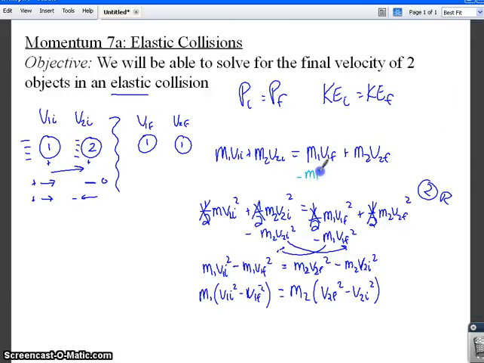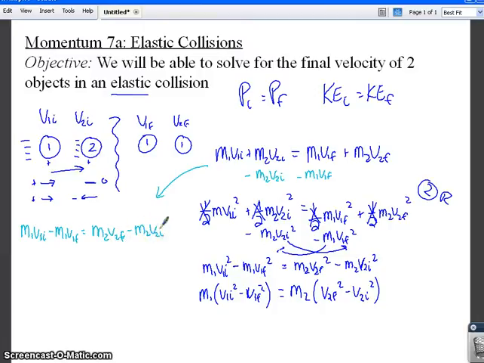So m1 v1 initial minus m1 v1 final equals m2 v2 final minus m2 v2 initial.